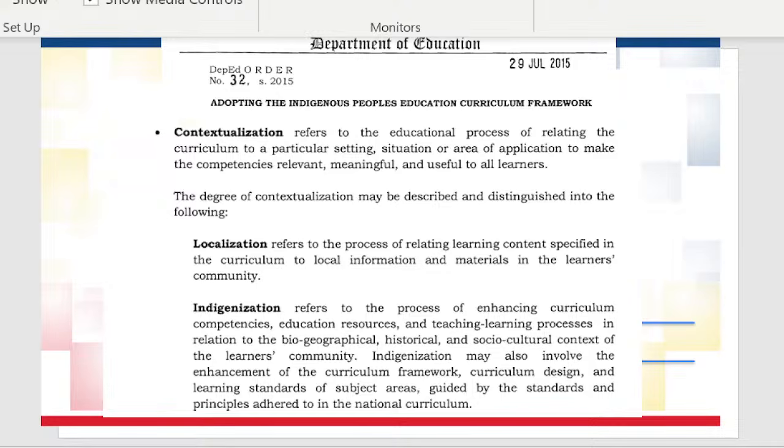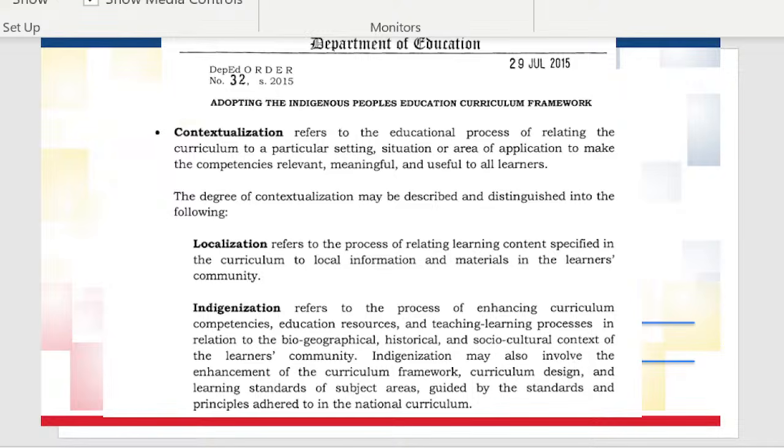You're Cebuano, you use local information materials in Cebu or any Cebuano speaking towns.